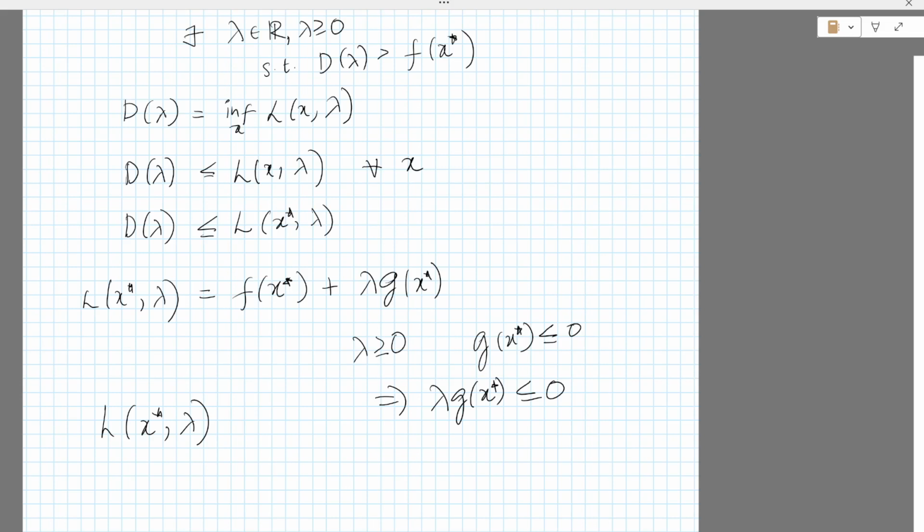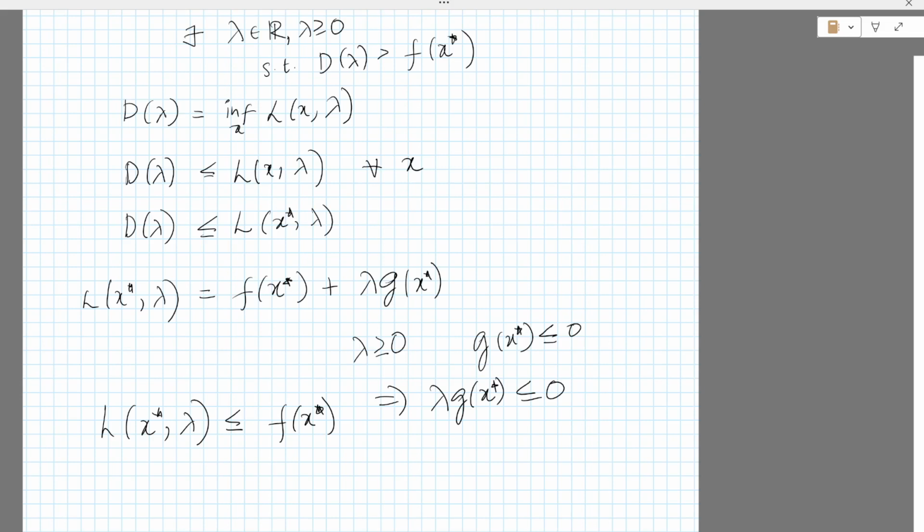So what can we say about the Lagrangian? If I remove this, this should be less than or equal to f of x star, right? Because when I add a negative value, it becomes equal to the Lagrangian.